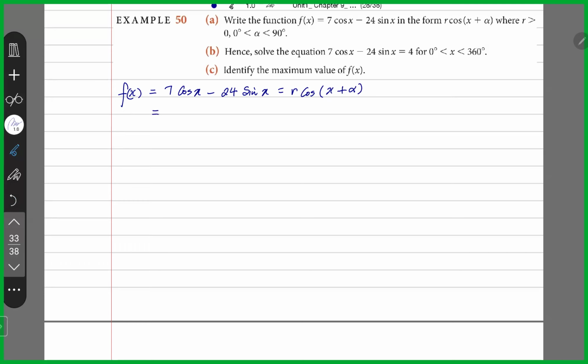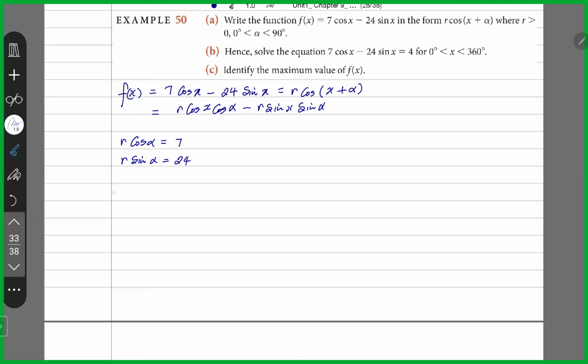This becomes r cos x cos alpha minus r sin x sin alpha. Equating coefficients, we get r cos alpha is equal to 7 and r sin alpha is equal to 24.